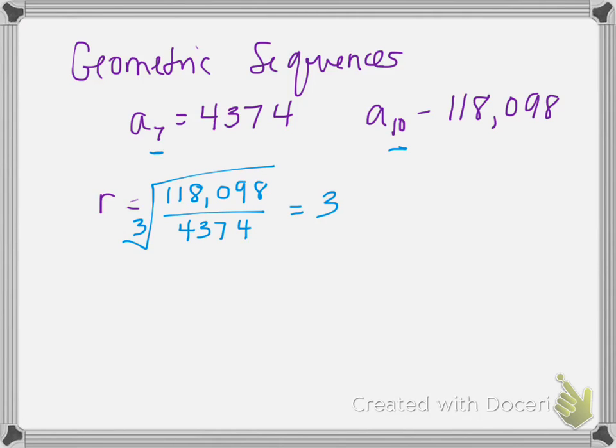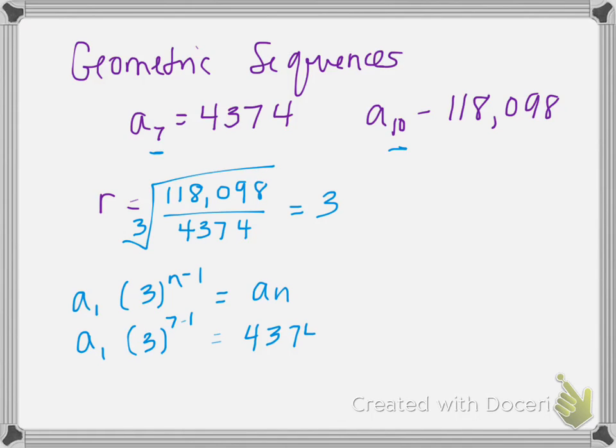So to figure out the formula, pick one of the points and plug it in. I know that A1 times R to the n minus 1 is the formula. Well, if I set that equal to the equation, then I can just plug in the numbers. So A1 times 3, let's say to the 7 minus 1, is A7, or 4,374.